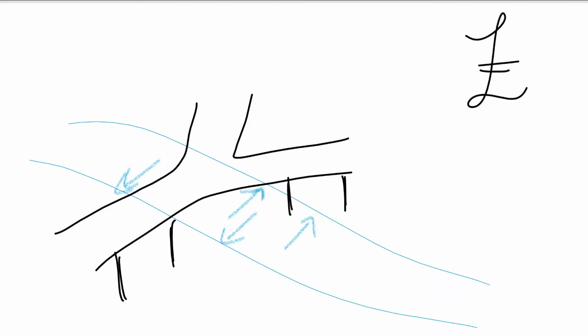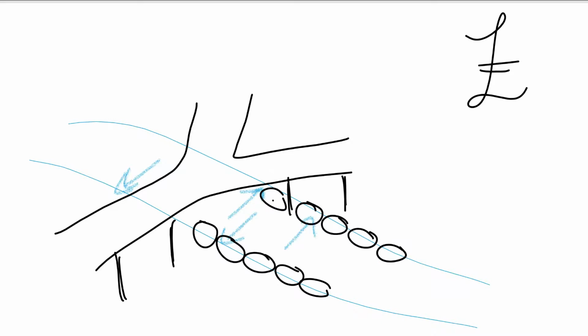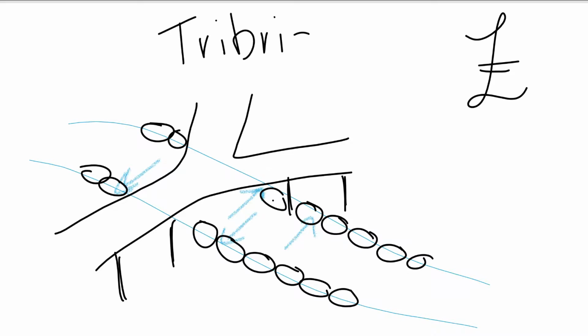And the people that have built this bridge absolutely don't want that to happen. So what they will do is put boulders at the side of the river here that are designed specifically to stop lateral erosion from occurring. Now, as a result of that then, at this one particular location, the river may not be quite so wide. And this is, in the case of the Colin River, Tribridge.